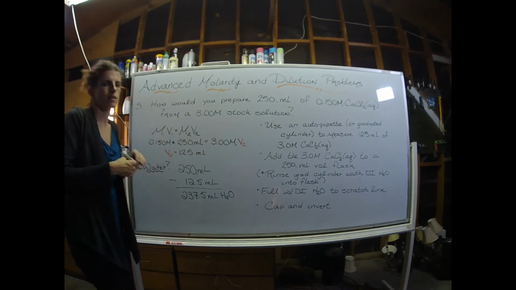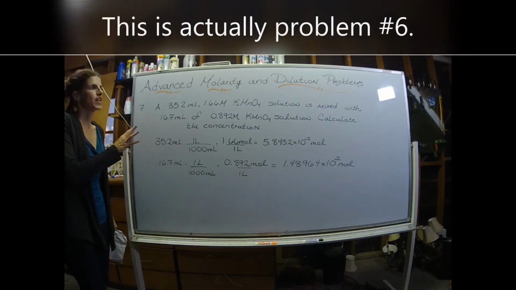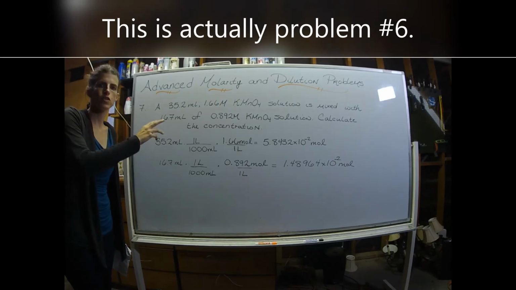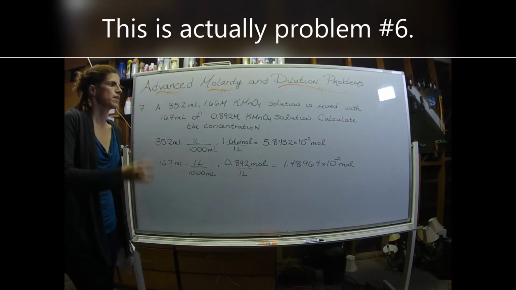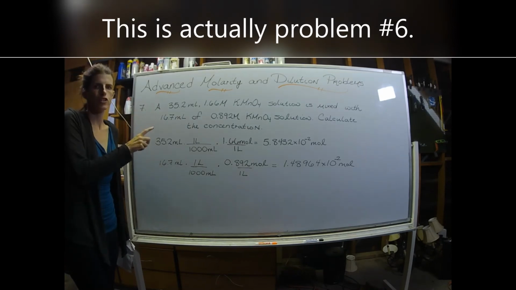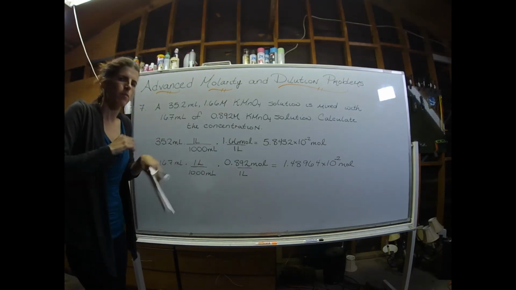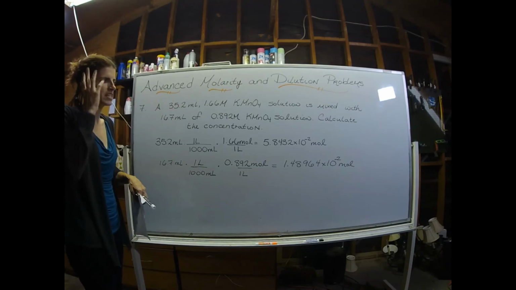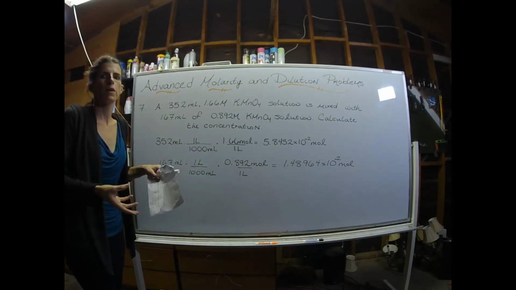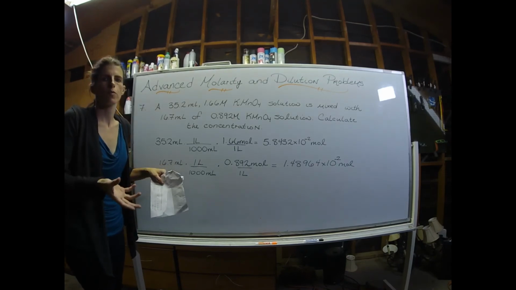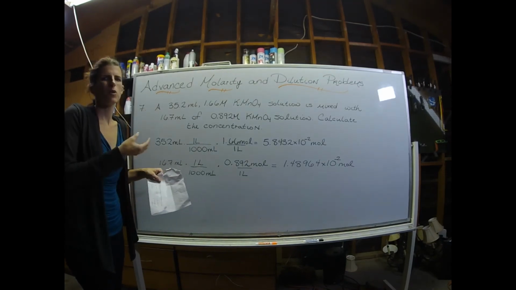In number 7, we have 2 different solutions containing the same dissolved compound. However, they have different concentrations, and then we combine them. So this is analogous to a situation maybe where somebody made orange juice from concentrate, and they made it way too strong.